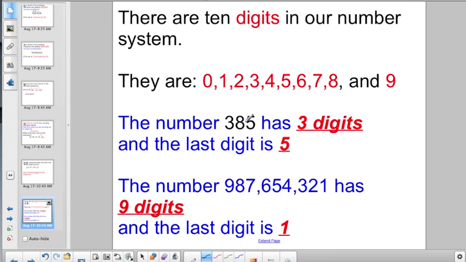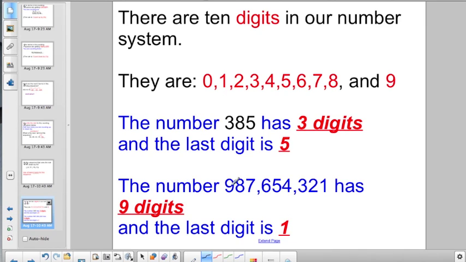The number 385 has 3 digits, because 3 is a digit, 8's a digit, and 5's a digit, right? The last digit is 5. I'm going to throw one here that's not in the book. What's the first digit? Did you figure out that it's 3? All right, let's try another one here. The number 987,654,321 has 9 digits.